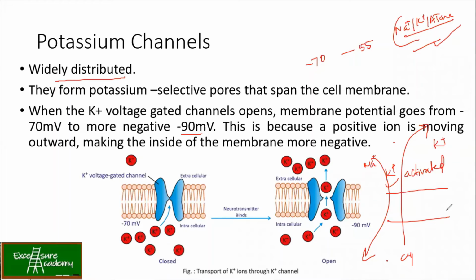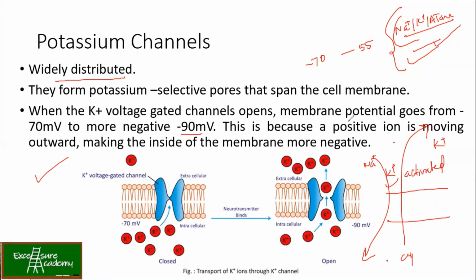There is a loss of plus ions, correct? And that is making the inside of the cytoplasm more negative. Is this much clear? Don't worry about this, because eventually we are going to talk about Na plus K plus ATPase, and then how exactly neurons are transferring the impulse from one neuron to another, and when does the K plus channel act and when do these channels act, we'll talk about it.